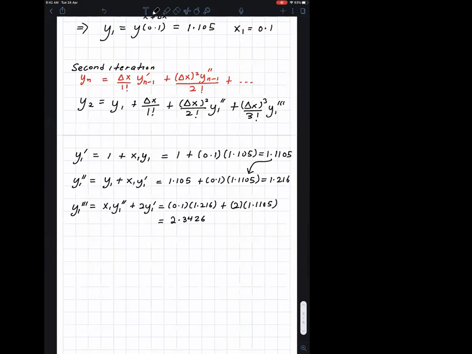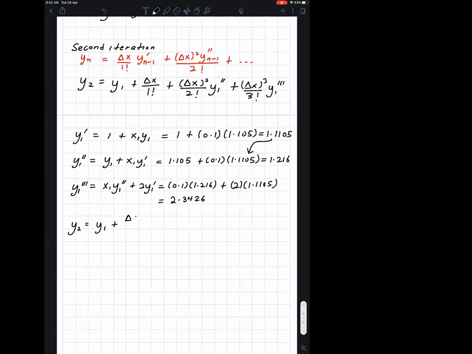It's Y1 plus delta X over 1 factorial, Y1 prime, plus delta X squared over 2 factorial, Y1 double prime, plus delta X cube over 3 factorial, Y1 triple prime. Now you plug in all those values.